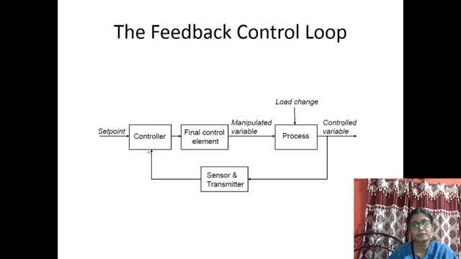And there is another important device, that is the annunciator. If any deviation occurs in the process variable, then an alarm signal will be produced by the annunciator unit. So all these devices and processes are covered.